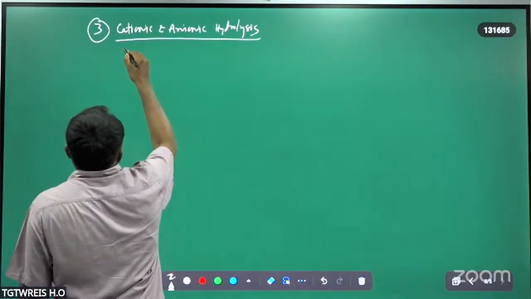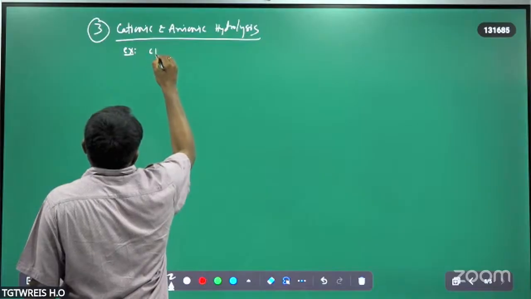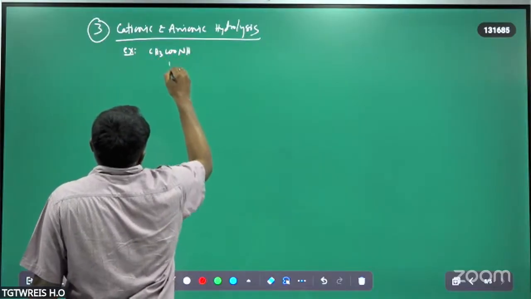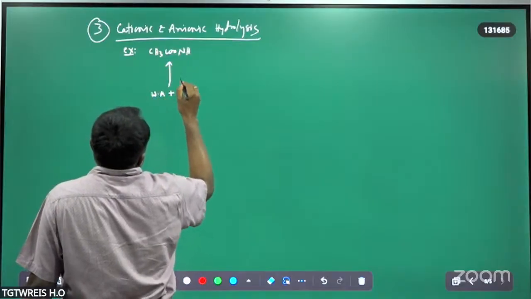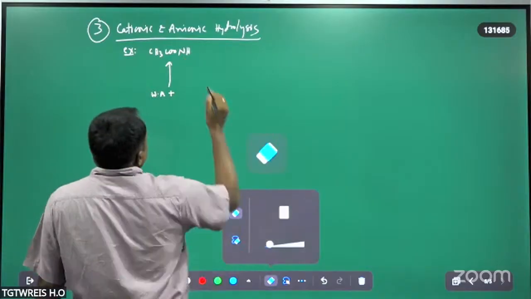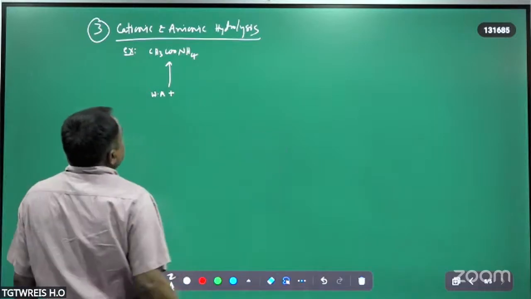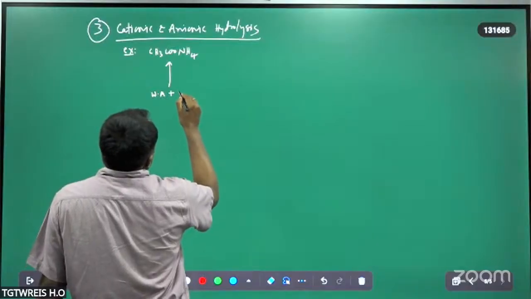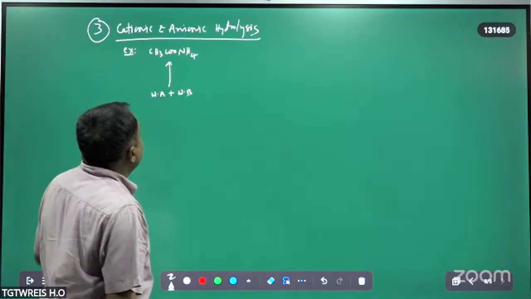So for example, CH3COONH4, ammonium acetate, it is a salt of weak acid and weak base. It is a mixture of weak acid and weak base.